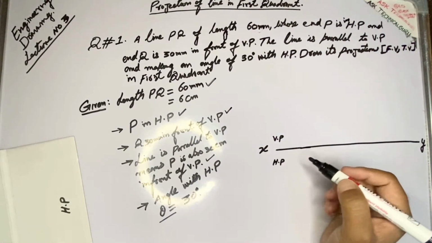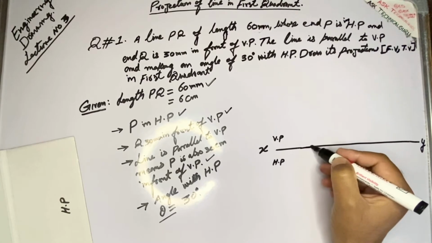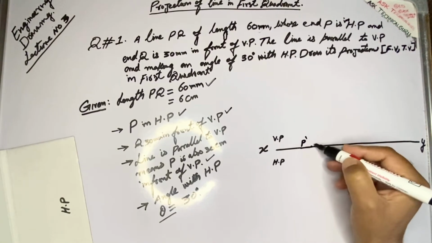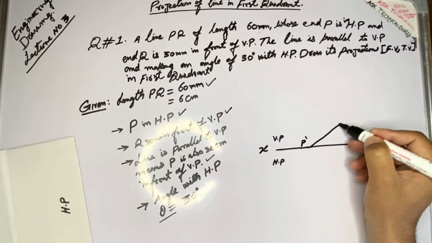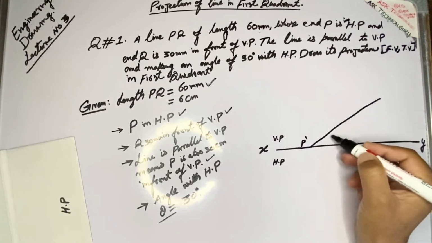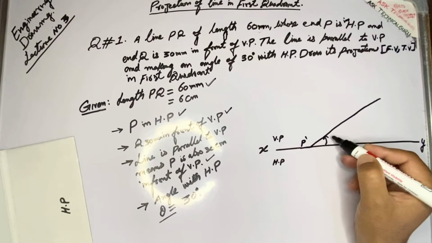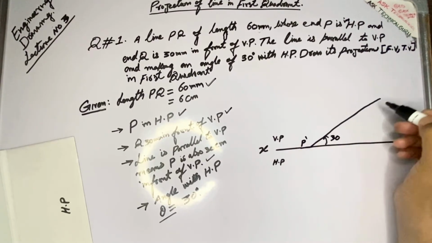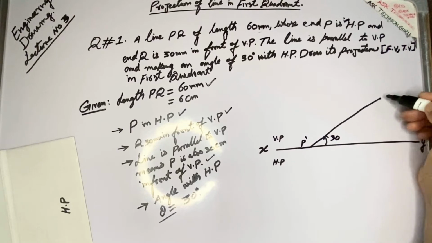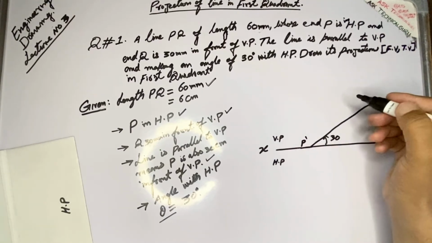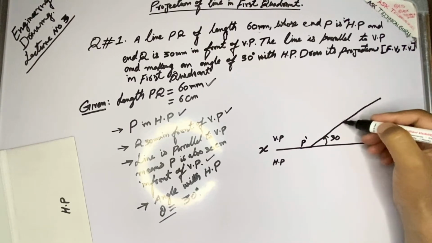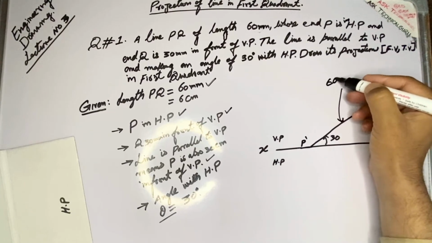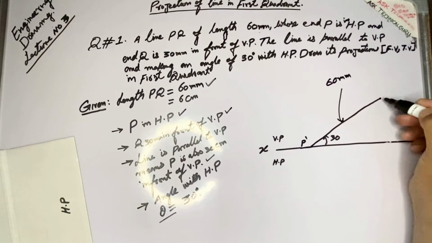Front view will start from this XY line. This is its P dash, and at an angle of 30°, we will incline a line that will be the true length of the line, that is 60 mm long.